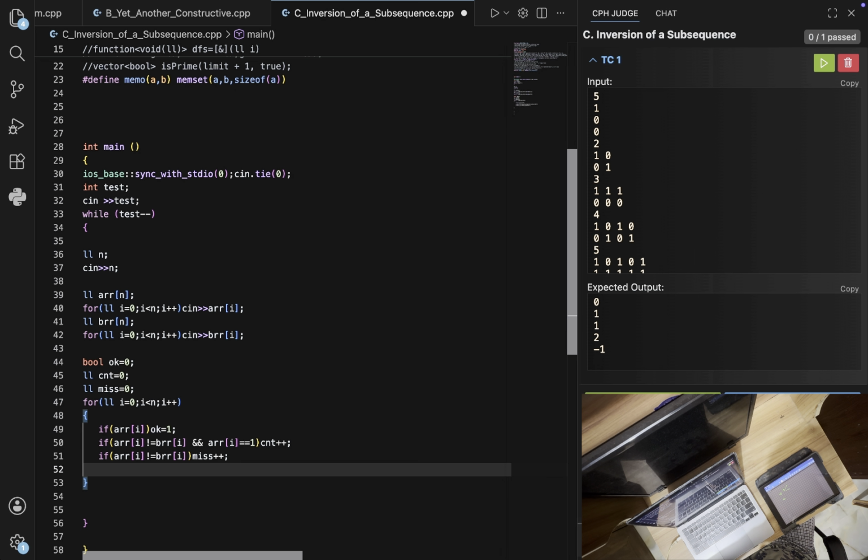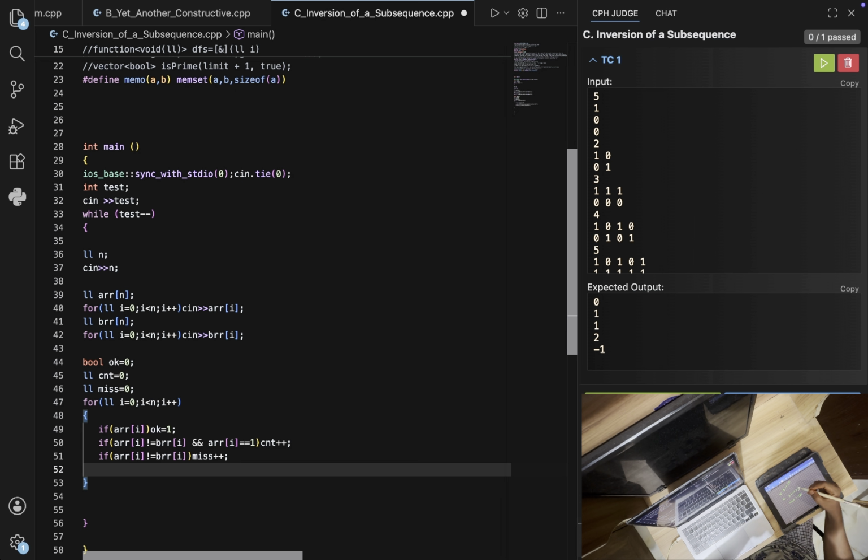Okay, the second condition is, if I do some operations, the answer, B has to have at least one zero, otherwise it has to be exactly the same. It has to have one, otherwise no.